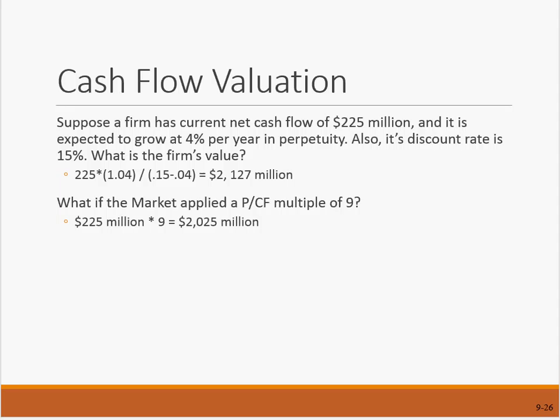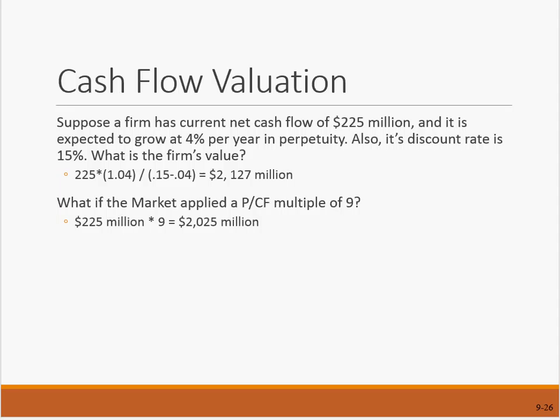We could do a price to cash flow multiple, which is similar to a PE ratio. And let's say that the industry typically had a price to cash flow ratio of 9, then that would imply a valuation of $2 billion. So our cash flow model is finding the firm is worth slightly more than the multiples model.